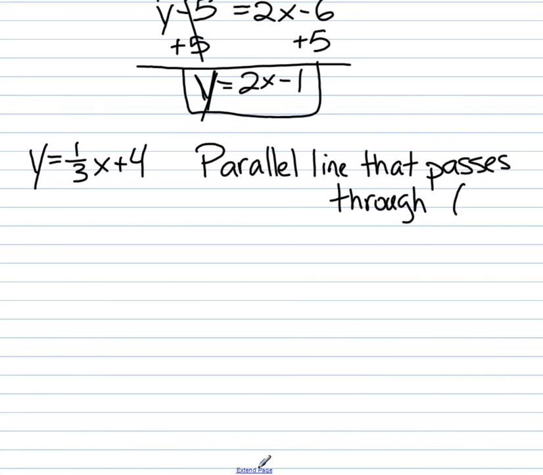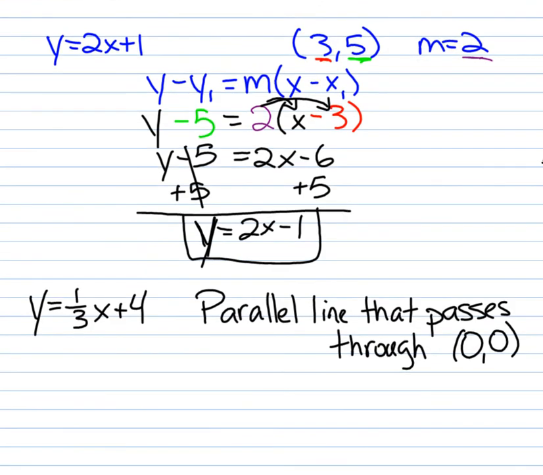Sure. So what would be the equation of the line that's parallel to this and passes through point 0, 0? So do it just like we did the last one. Good thing you wrote down this last example. And if you didn't, why, it's still up on the board for you to look at.